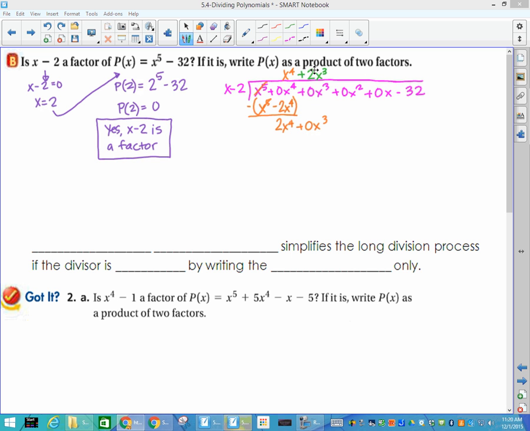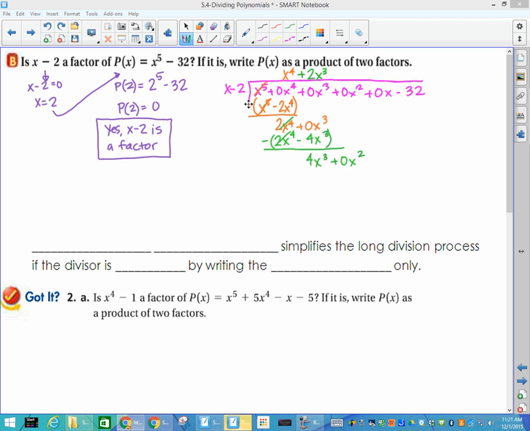If you're still having trouble with that, do it like we did the earlier problems, or come see me. 2x cubed times negative 2 is negative 4x cubed. 2x cubed times x is 2x to the 4th, and I'm going to subtract that. First terms cancel. I have 0 minus a negative 4, that is positive 4x cubed. And I bring down my next term.